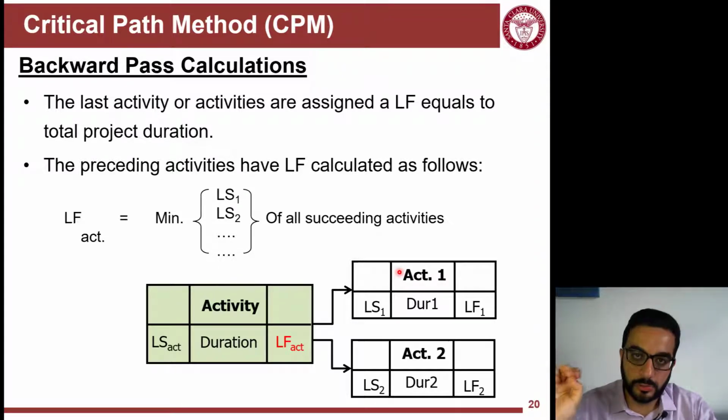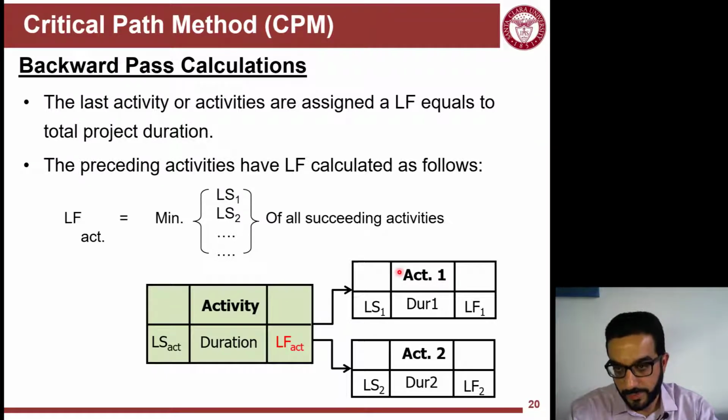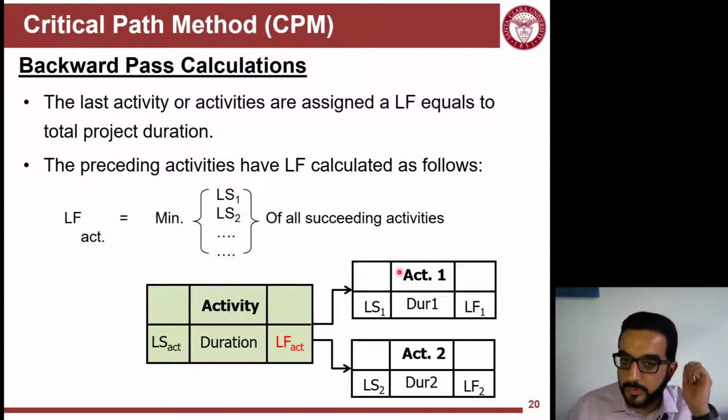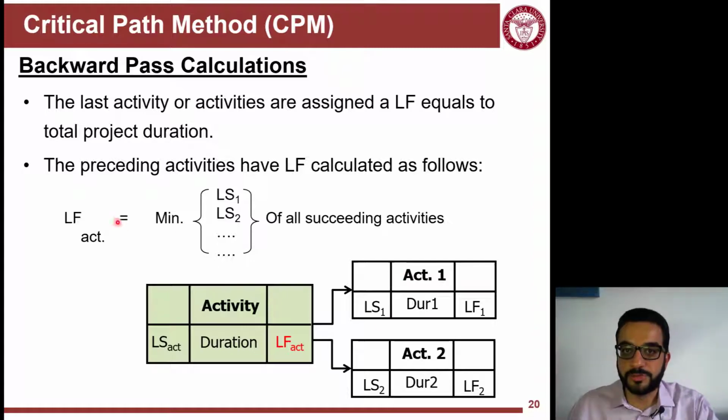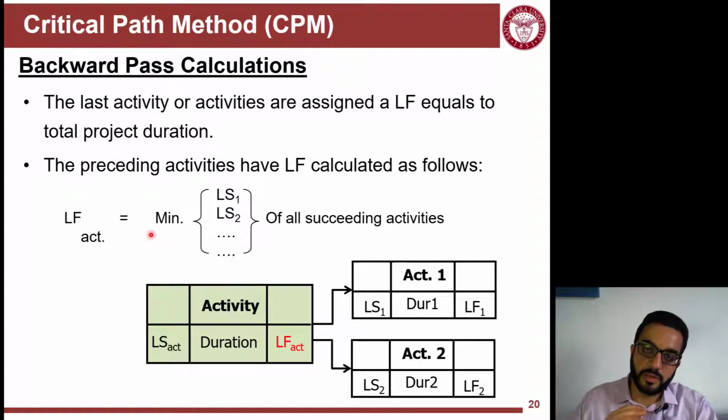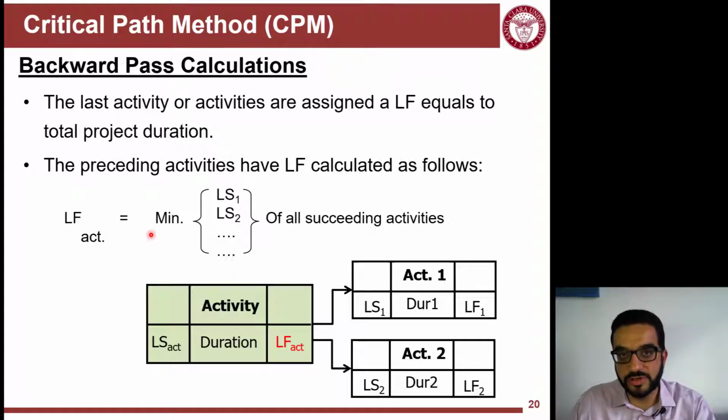So you figure first the finishing time when you go backward. So the finishing time, the late one, for an activity will equal to the minimum. So now it's the other way. In the forward pass we pick the maximum of the early finish of predecessors to be the early start. But now for the late finish, I'm picking the minimum of the late start of the succeeding activities or the successors.